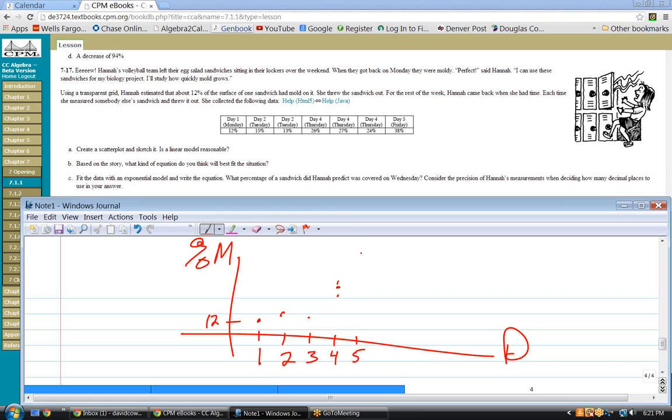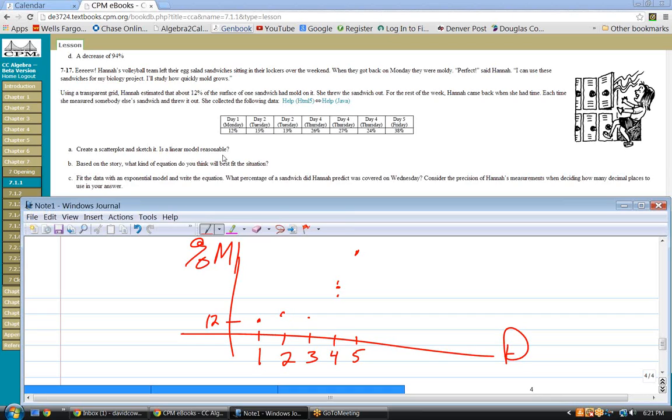And in day 5, she noticed that 38%, way up here. I've just approximated these. I don't know if they're accurate or not, but once I've drawn this scatter plot, create a scatter plot and sketch it.